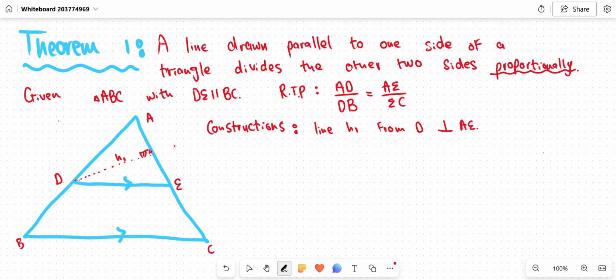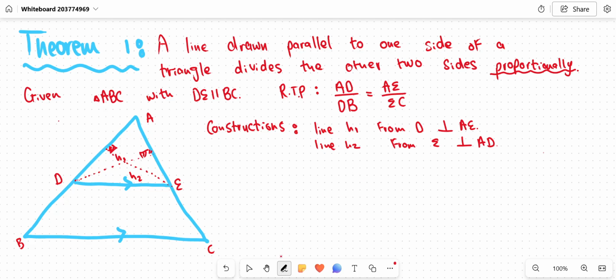And furthermore, I'm going to construct another line going this way, and that line will also be perpendicular to AD, and I'm going to call that line H2. So I'm going to draw line H2 from E that is perpendicular to AD.